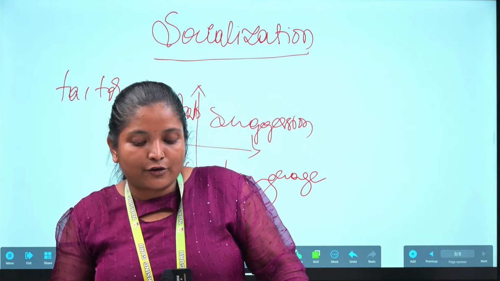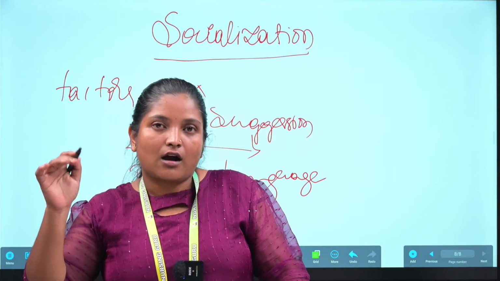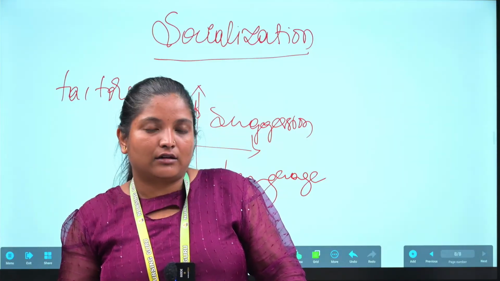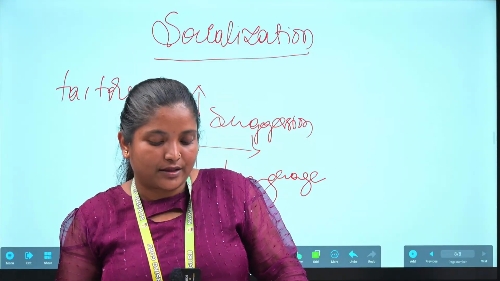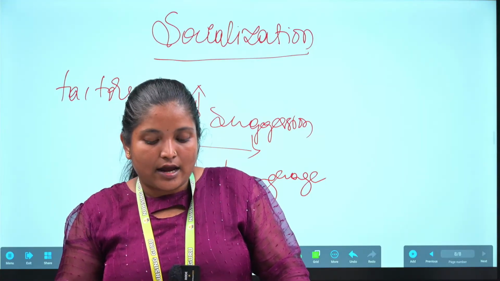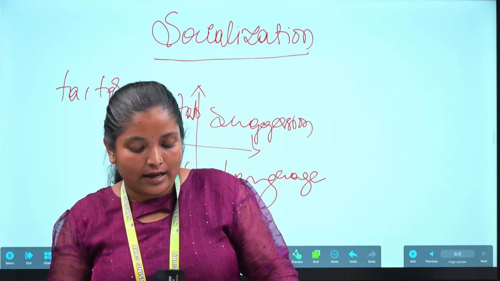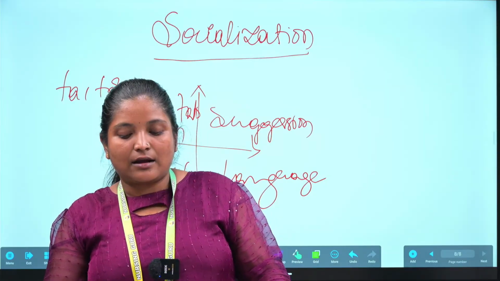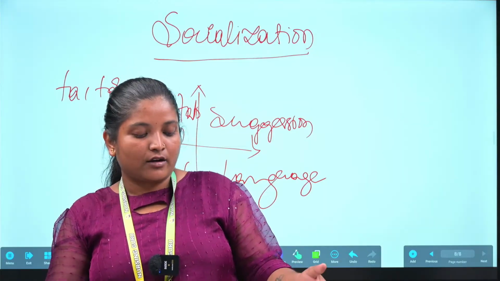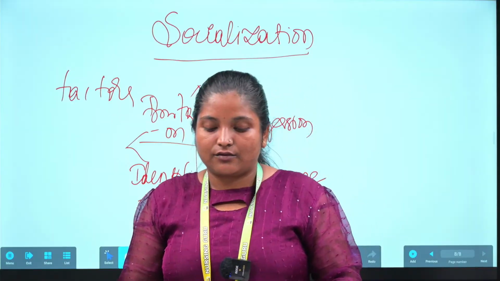The growth of a human being is never static, there are always highs and troughs, and there may be fluctuations. The next is that it is predictable in nature and unique for each individual, different for each and everyone. These are the main features of socialization.